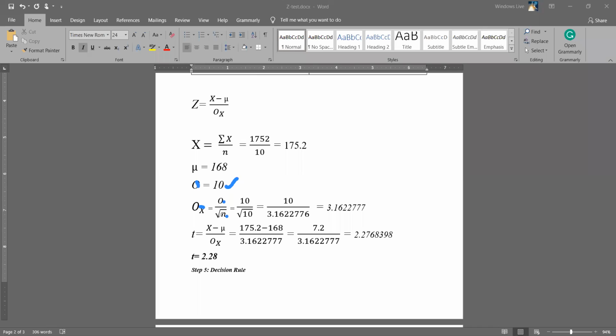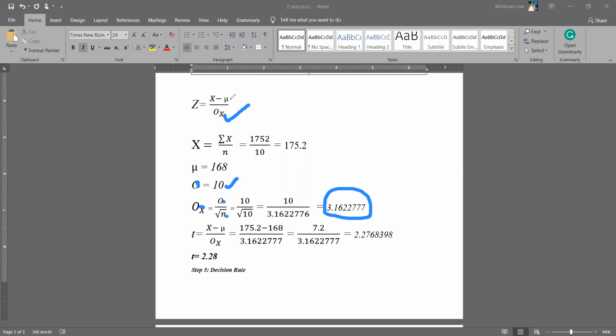And when you see n, it represents the sample size. The total number of people was also 10. So per your calculation, your population standard error of the mean should be this. So right now, we've solved for the denominator.